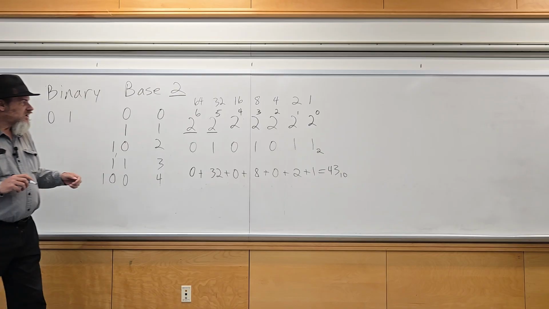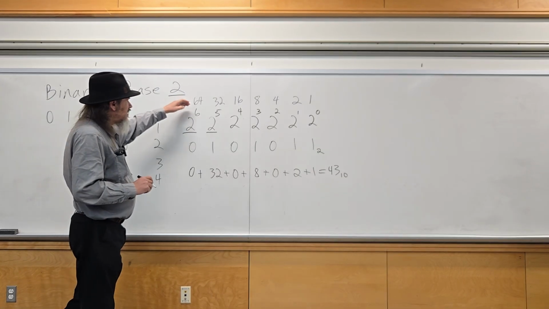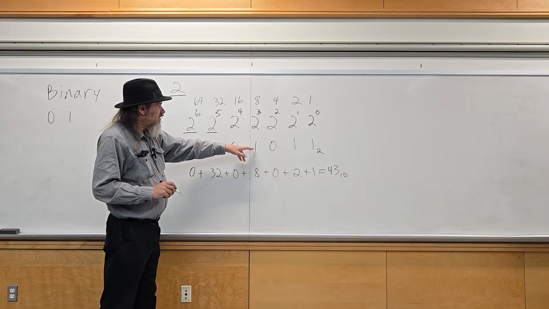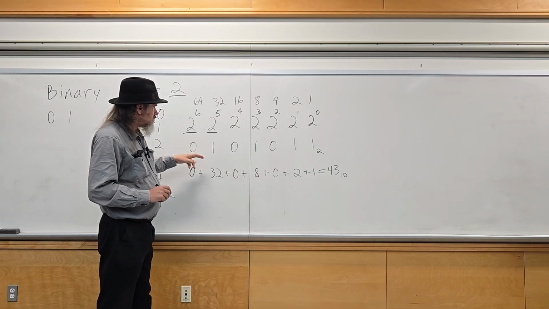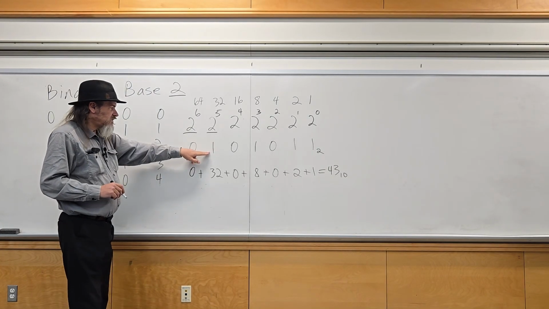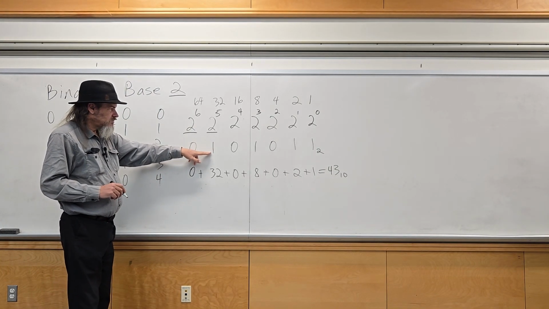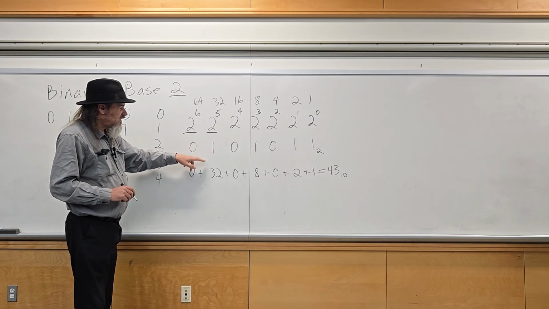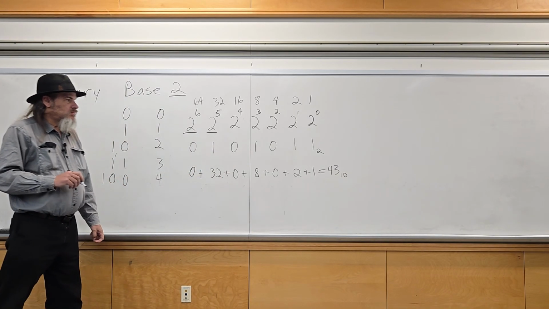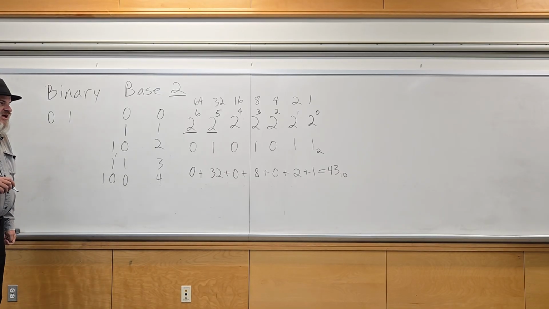So you take the value of the position, multiply it by the value of the symbol that's there, and then you add those values up to get the base 10 equivalent.